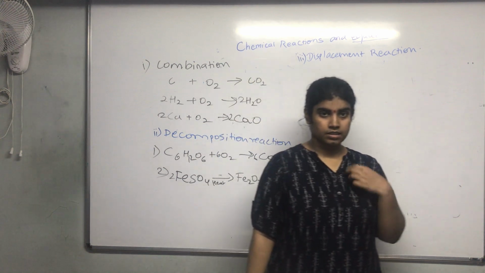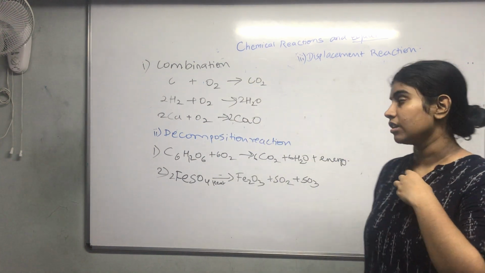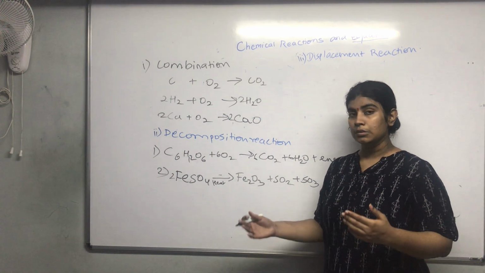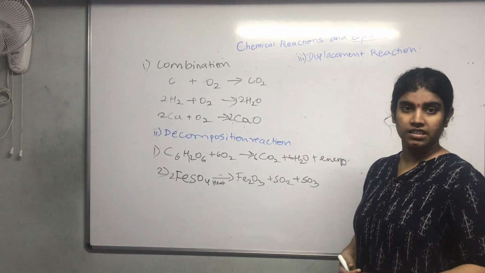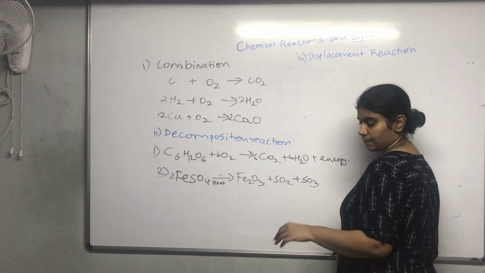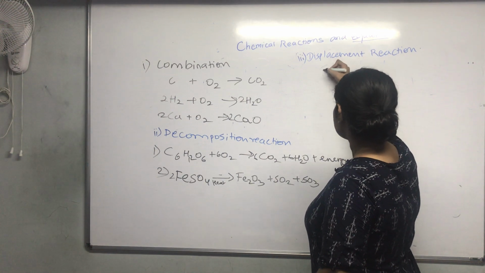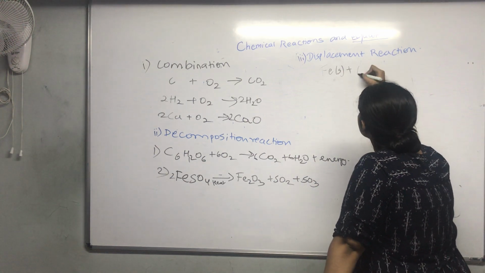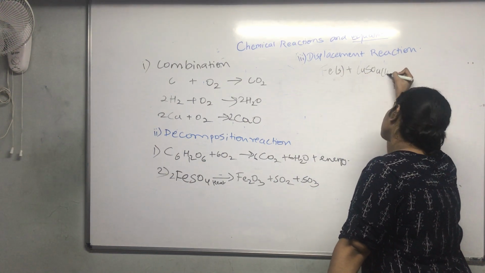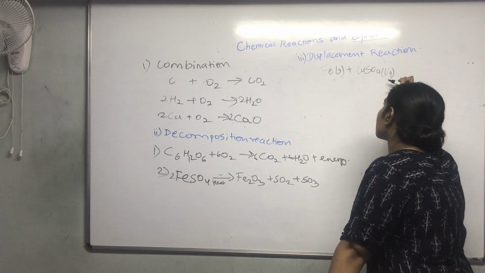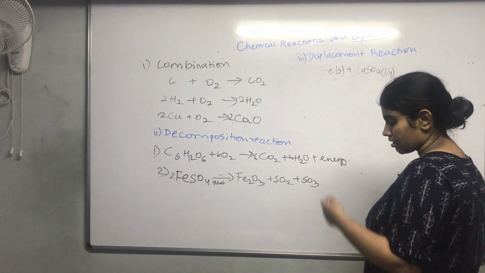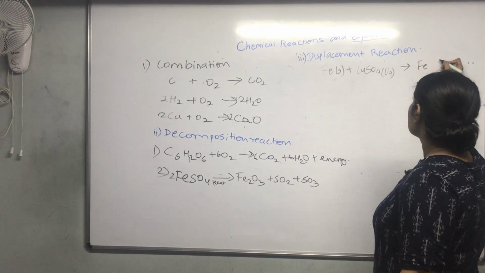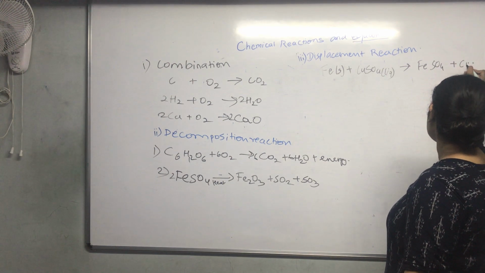Now copper sulfate will do the process of displacement, and suppose I write the reaction: iron nail Fe plus copper sulfate CuSO4 liquid, of course. Now what happens is it gets displaced into FeSO4 plus Cu.